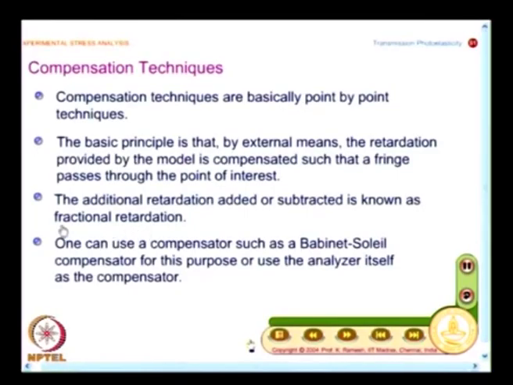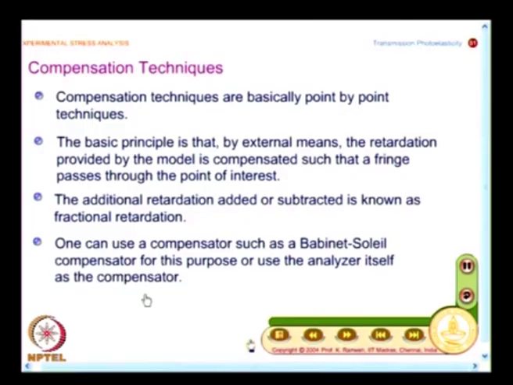When you are doing conventional photoelasticity, you have a lot of heuristic information available to you to fix the sign. The moment you go to computer processing, this has to be done intelligently, and that has been achieved now. So, the fractional retardation will have a sign, and you have to find it out precisely, and there are many compensation techniques available. One can use a compensator such as the Babinet Soleil compensator for this purpose, or one can also use the analyzer itself as a compensator.